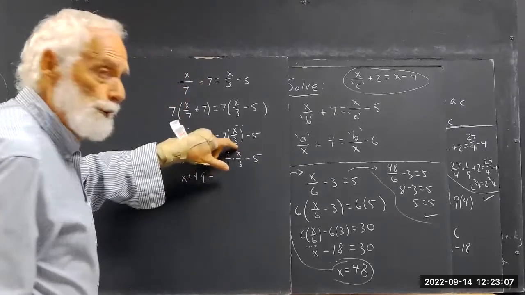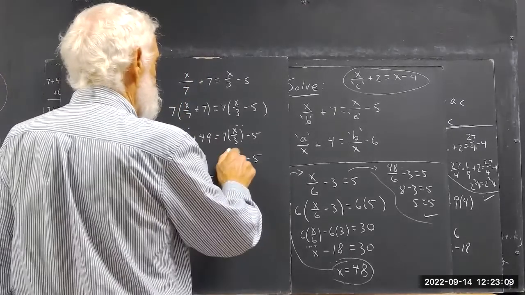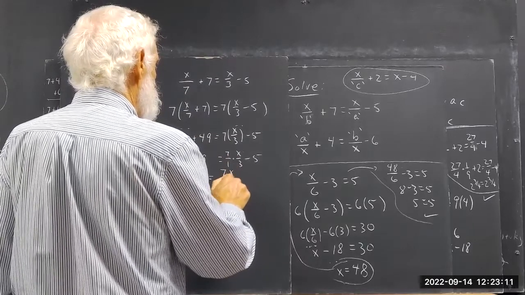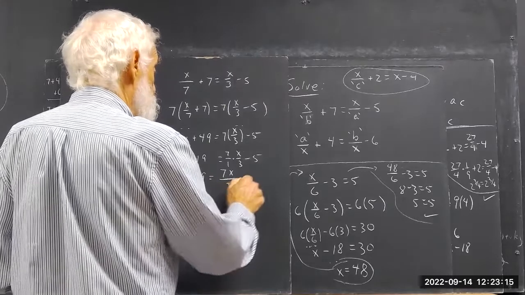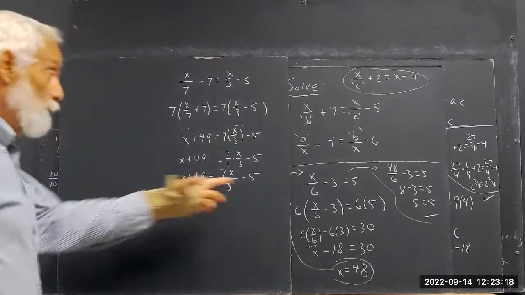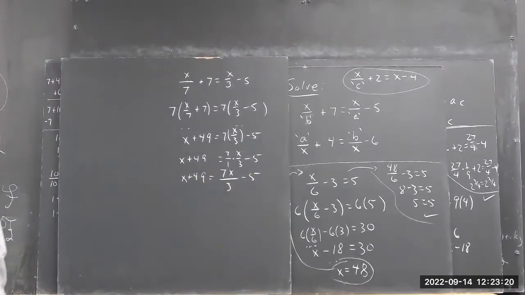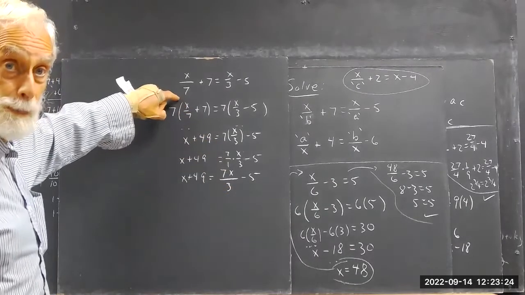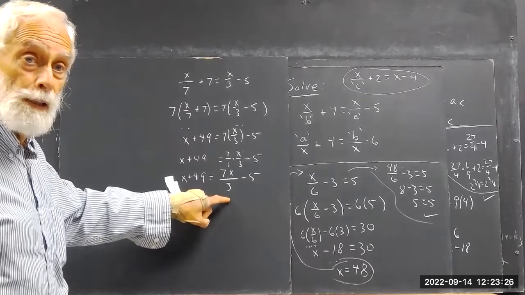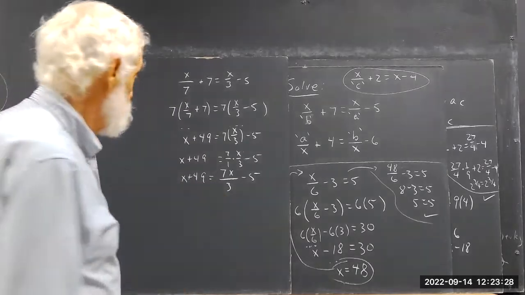And 7 over 1 times x over 3 is 7 times x over 3: multiply the numerators, and 1 times 3, multiply the denominators. Now what have we got? We got an equation that still has a denominator in it, but we've made progress. We've gotten rid of this denominator. We multiplied by this denominator.